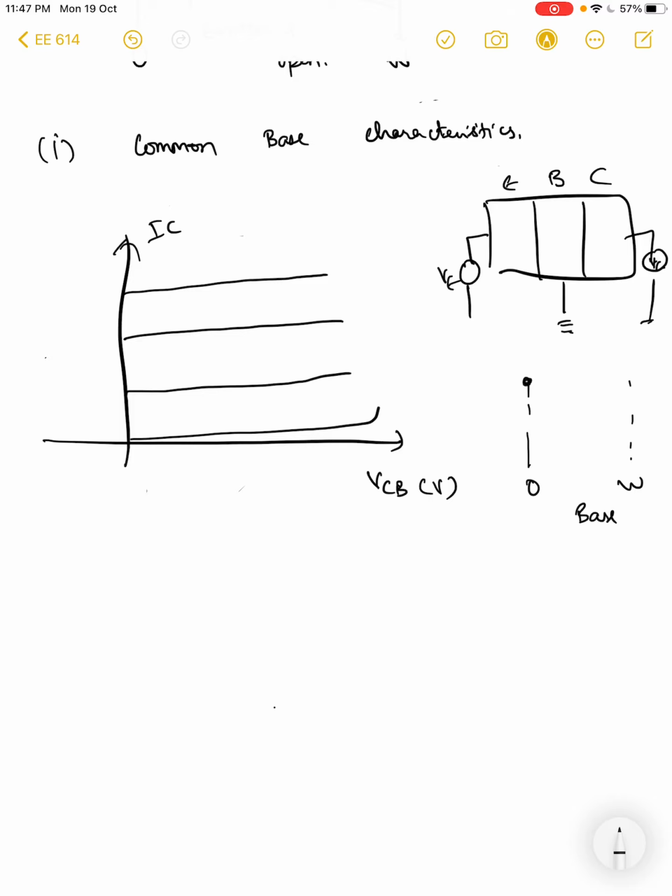If this is the injection in the emitter side, NP naught E, you have NP naught from the collector. As long as this level is smaller than the emitter side, you have some gradient and you have some current. But if the electron injection from the collector increases dangerously close to the electron injection from the emitter side, now you have no gradient and hence no diffusion current in the base, and hence the current drops very fast to 0, right?